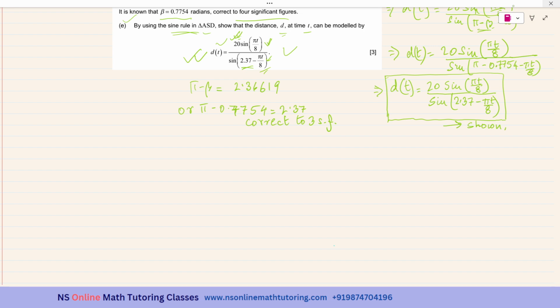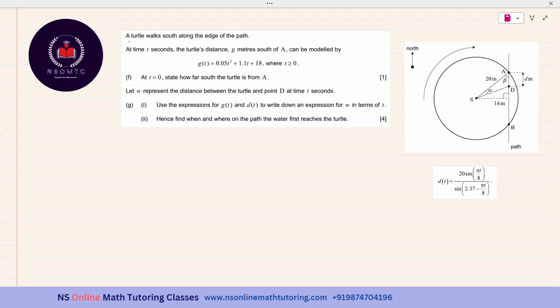A turtle walks south along the edge of the path. At time t seconds, the turtle's distance g meters south of E can be modeled by g of t equal to 0.05 t squared plus 1.1 t plus 18, where t is greater than or equal to 0.